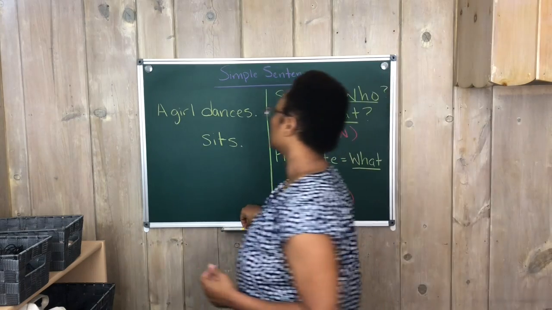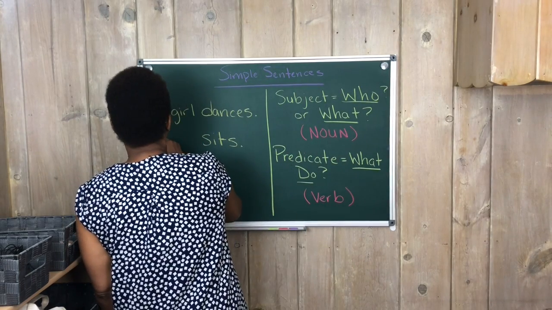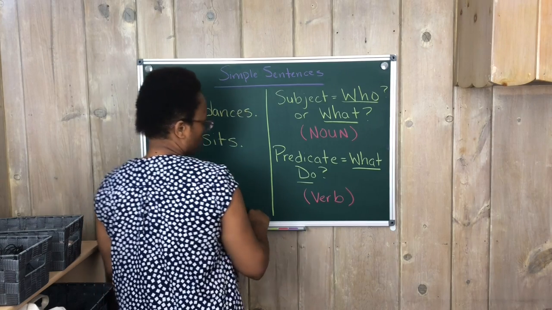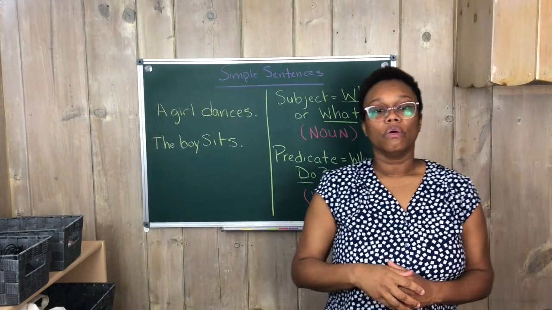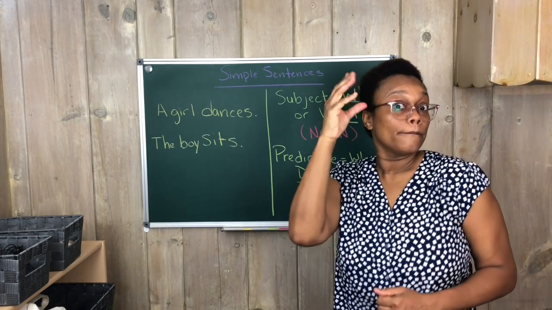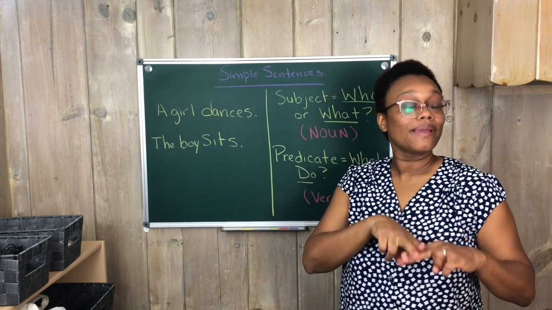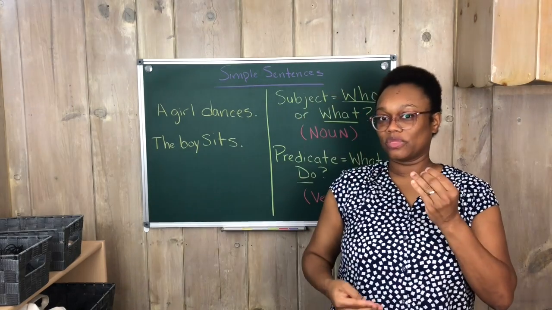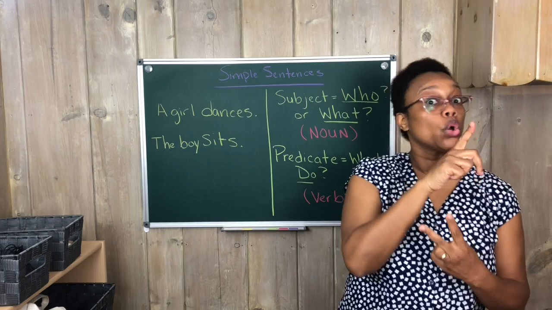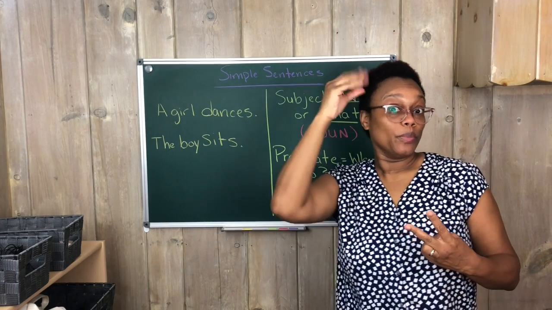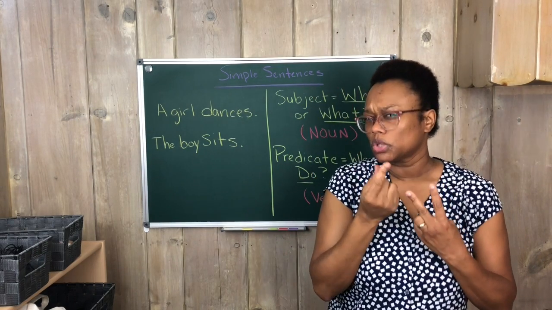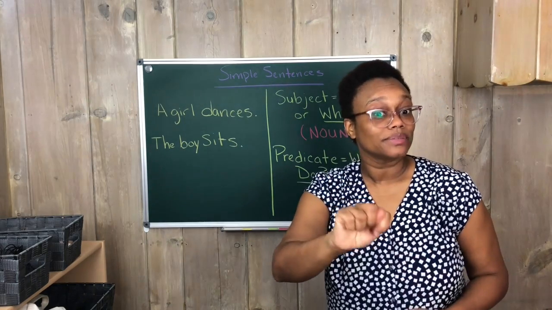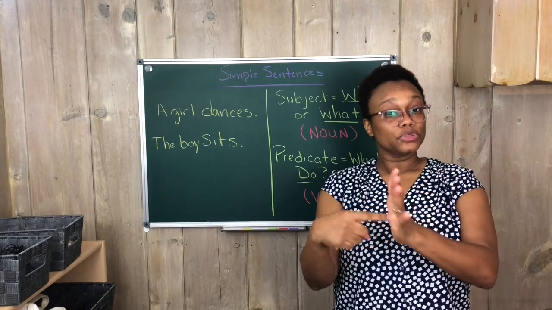So I would have to add the subject. The boy sits. Now that's a sentence because I have both the subject, the who, the boy, and the predicate, the what do. He's sitting.